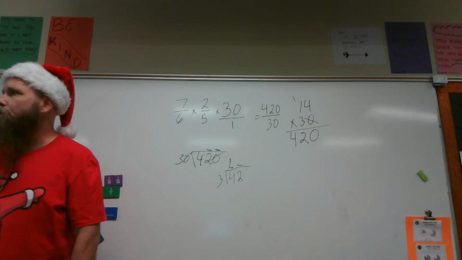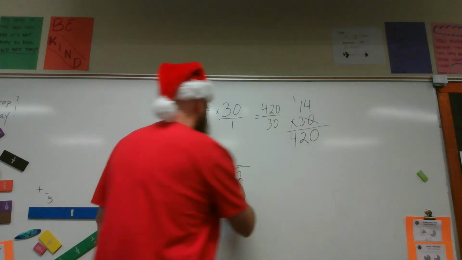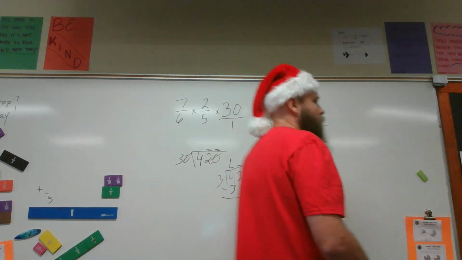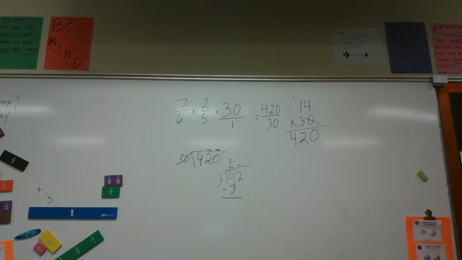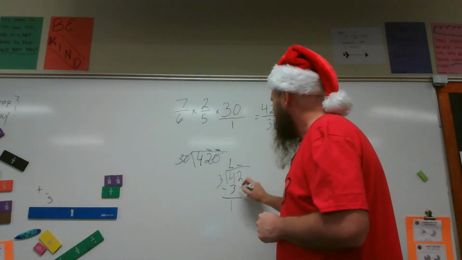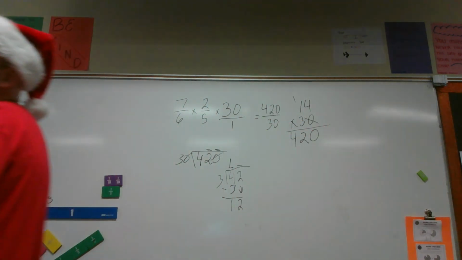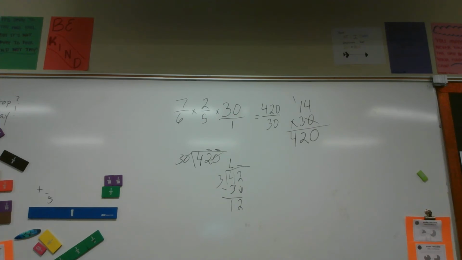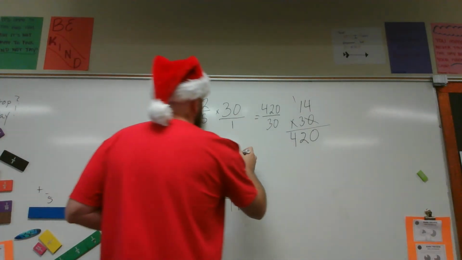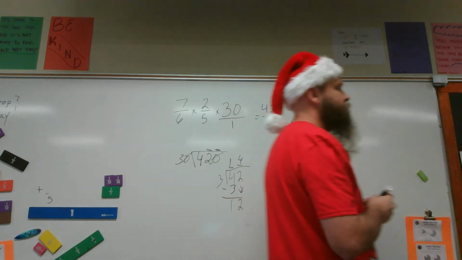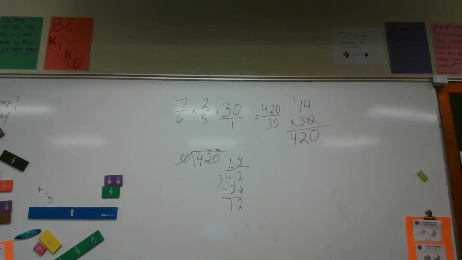And 1 times 3 is what, Bea? And 3 from 4 is what, Bea? 1. Then I bring down my 2. Bea, 3 goes into 12 how many times? 4. And 3 times 4 is what, Bea? 12.